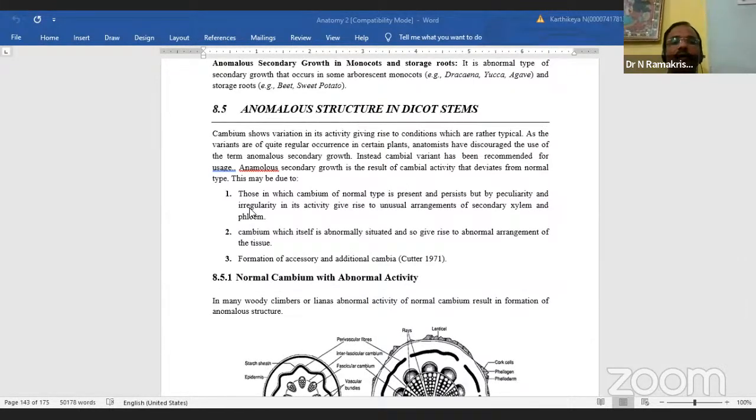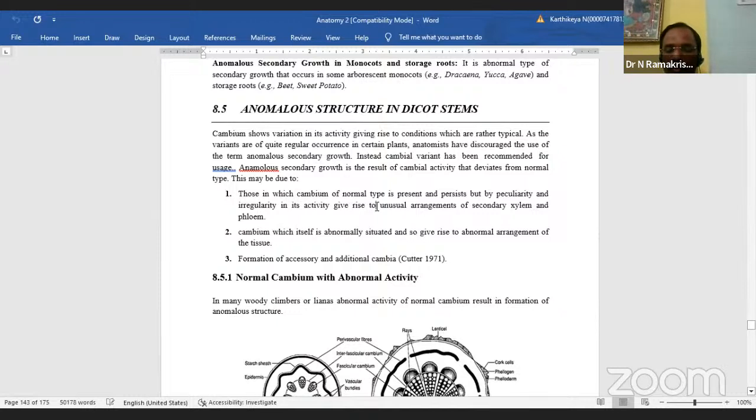Here now you see the cambium shows, the vascular bundles show various different types of activities. Here only three are given. The first one is where the cambium is normal type. First I already told.